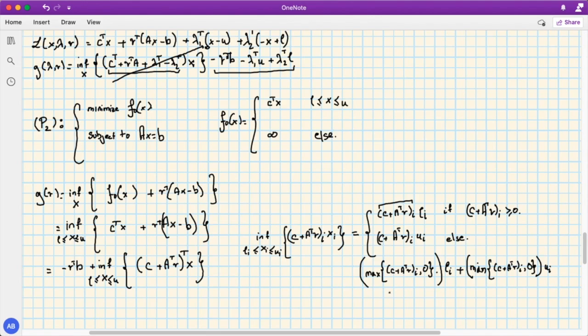So we can define an operator over here, that is max min, and we can also generalize this to a vector notation, entry-wise. So we can write this down as minus transpose b plus, I don't know what you want to call this.